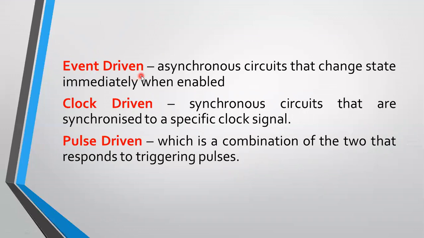First one is event-driven, an asynchronous circuit that changes state immediately when enabled. So it changes its state immediately when we give an input signal. Clock-driven, a synchronous circuit that is synchronized to a specific clock signal. So this circuit will be activated only when we give a clock pulse.